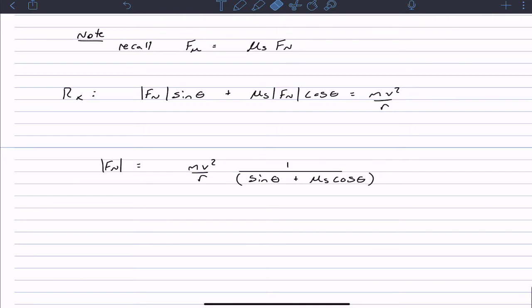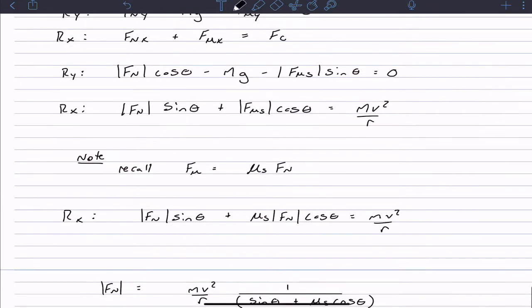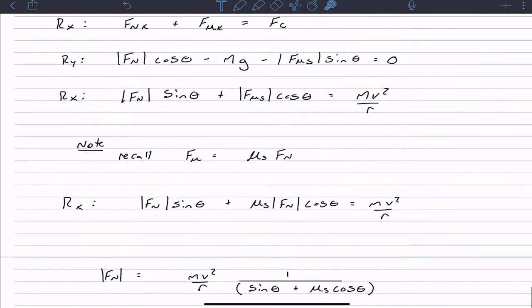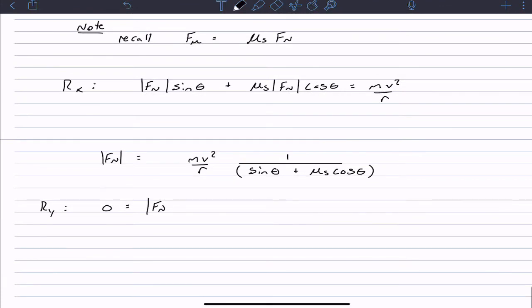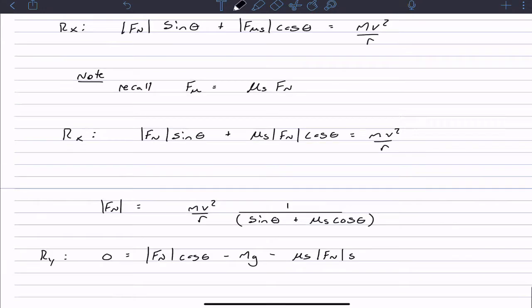Okay, so now let's go to the y direction. What do we have? Oh, we're in equilibrium here, and we have, let's see, what was it? Here it is. Fn cosine theta minus mg minus the frictional force, mu s Fn sine theta.